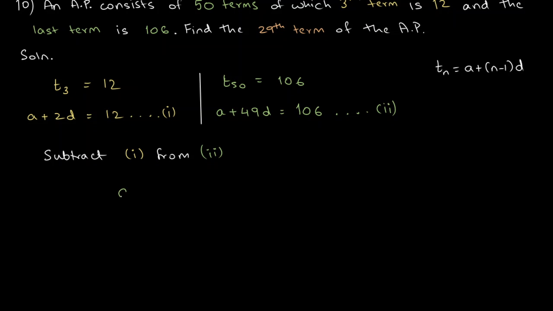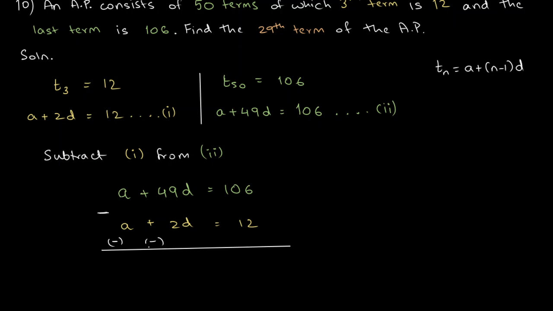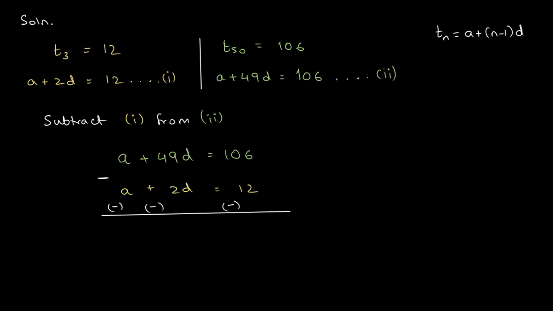Equation number 2 is a plus 49d equal to 106. From this I will subtract equation number 1, which is a plus 2d equal to 12. Remember, when we are subtracting, the signs of the terms in the equation below will change. So plus a becomes minus a, plus 2d becomes minus 2d, and plus 12 becomes minus 12, right?